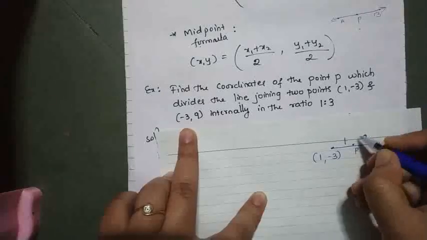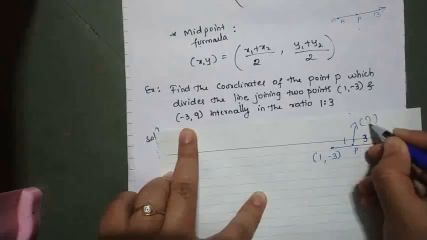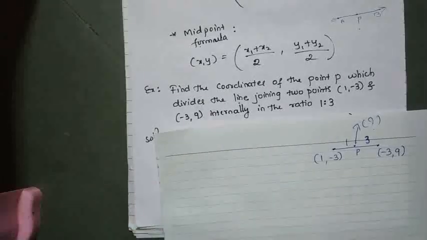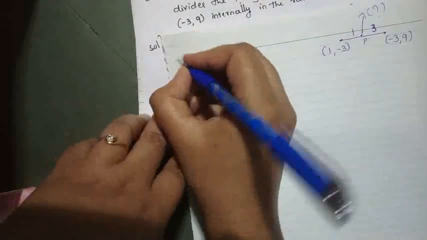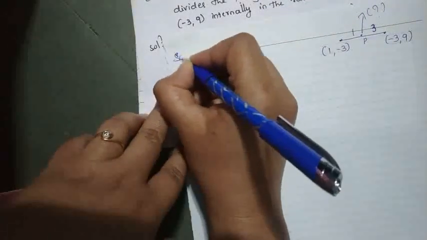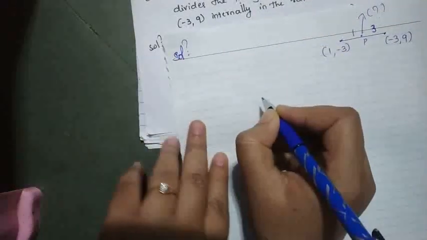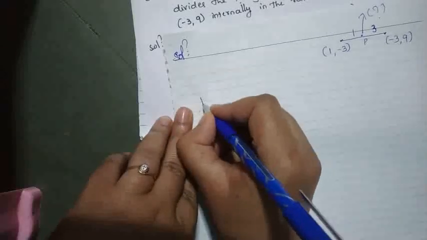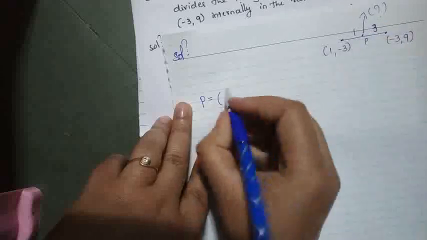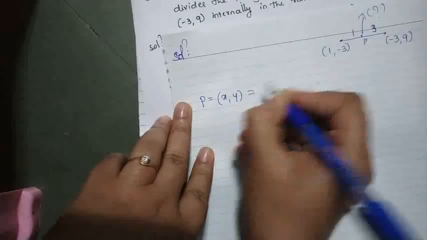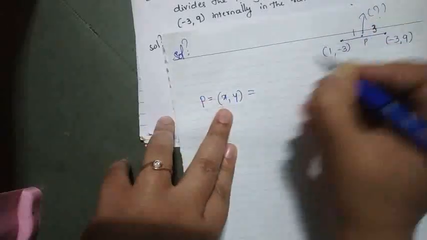Then what is the coordinate of this point? Okay, since it is given internally, we will use the internal division formula. So internal division formula is given by P is equal to point of division, that is x comma y. Point of division is x comma y.